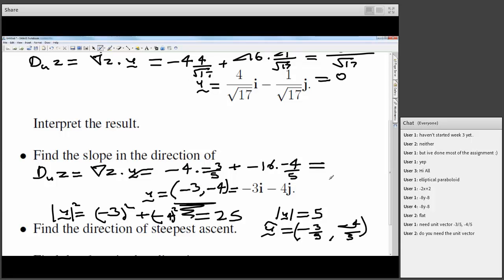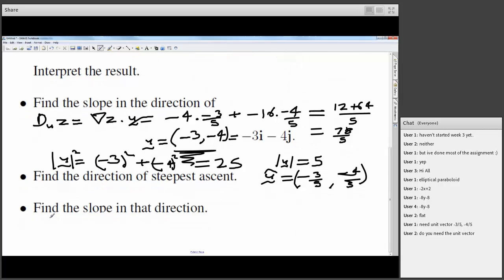So if you then do the calculations, -4 times -3 gives you 12 over 5. -16 times -4 gives you positive 64. So 78 over 5, or whatever that number equals. So certainly much bigger than 0. So it's getting a bit steeper in that direction.